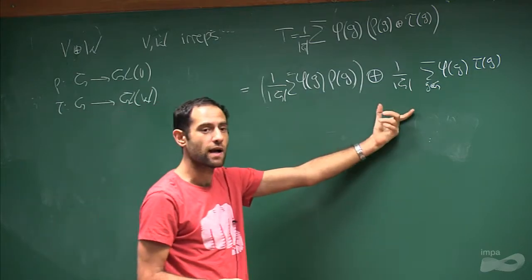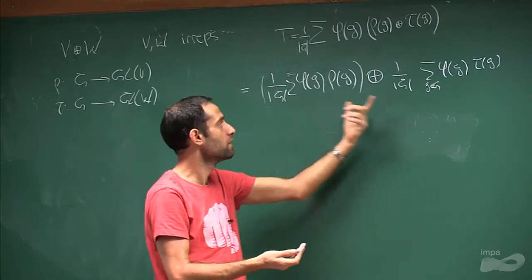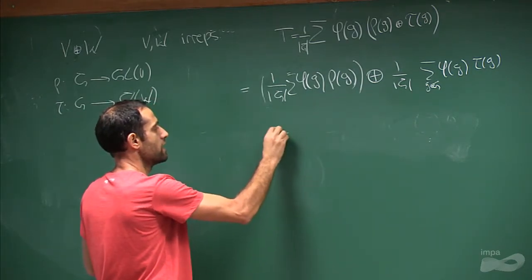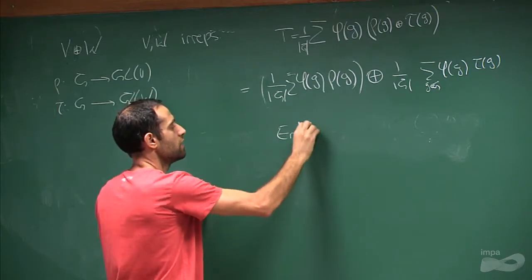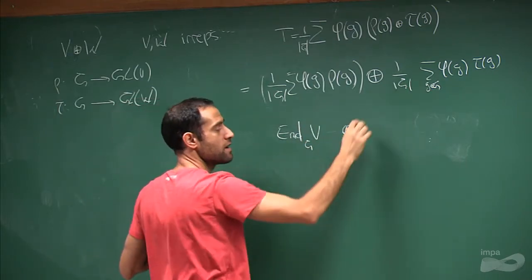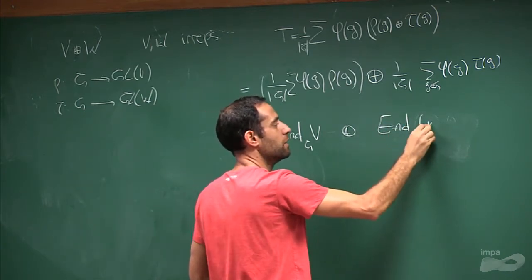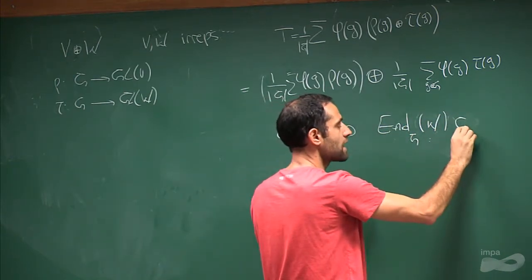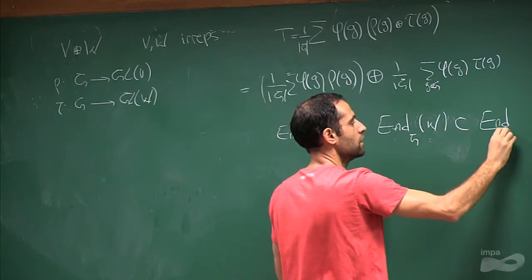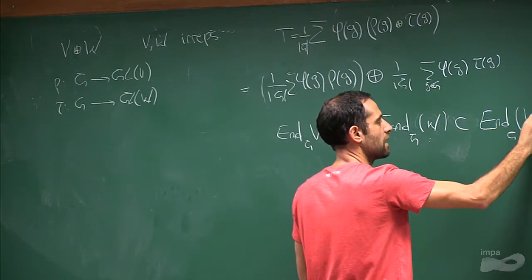Each one of these is an endomorphism. This is in End_G(V), this is a vector in End_G(W), and this is inside End_G(V plus W).